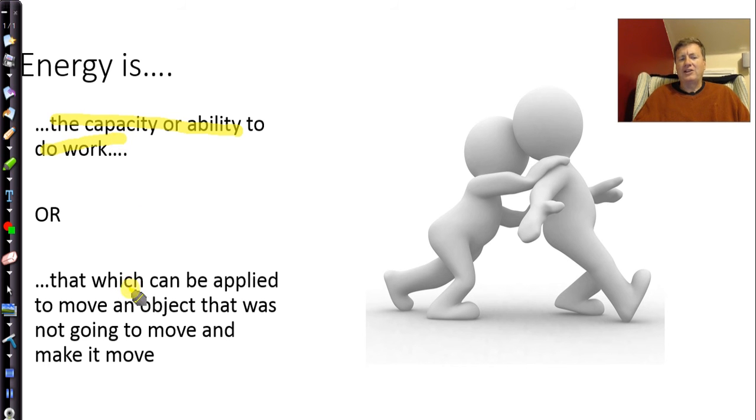The one I like a little bit better is energy is that which can be applied to move an object that was not going to move and make it move. If you think about a person standing still, if that person wasn't going to move and you have to move them, you have to apply energy to them. You get an idea that work implies moving something. And that's the definition I want us to think about.